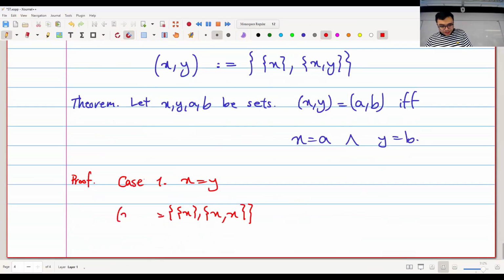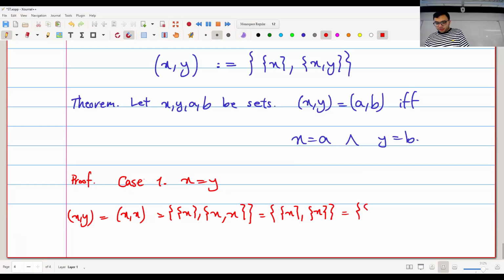Okay, so this is the pair XX, which is the same as the pair XY, right? But then this second set here, I've written X twice, so it's just the same as the set that has X once. So this is the same as this. But then this whole thing is a set with two elements, but the two elements are the same again.